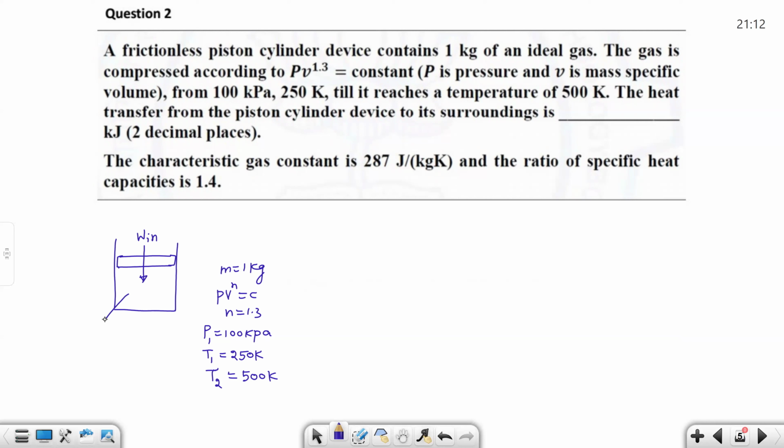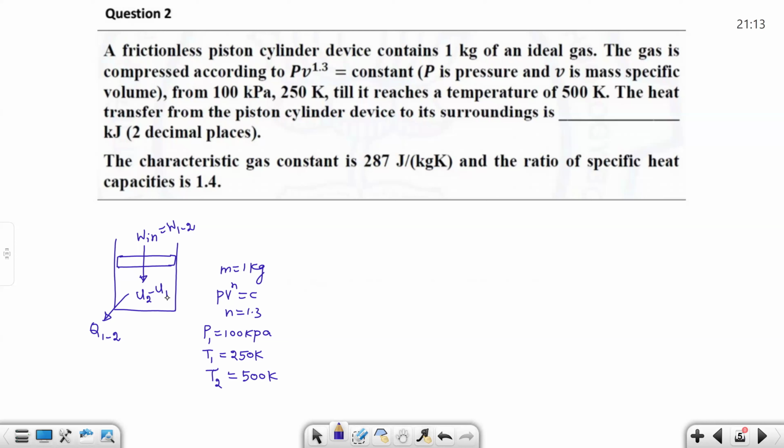So heat transfer, we will take the work transfer in the process 1 to 2. So heat transfer in the process 1 to 2. So there will be an internal energy change, because for PV power n equal to constant, you have an internal energy change.